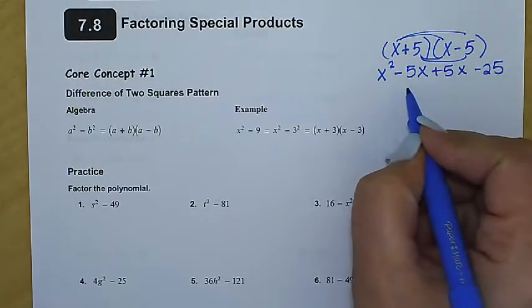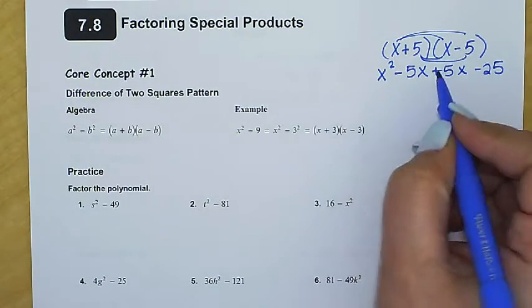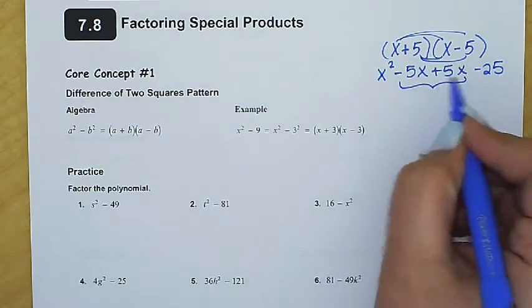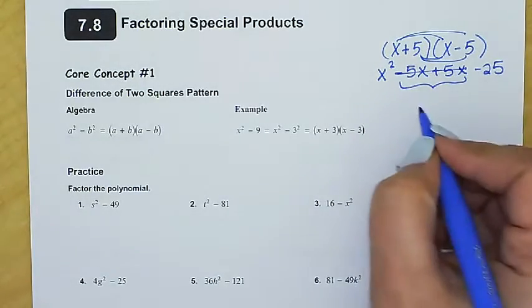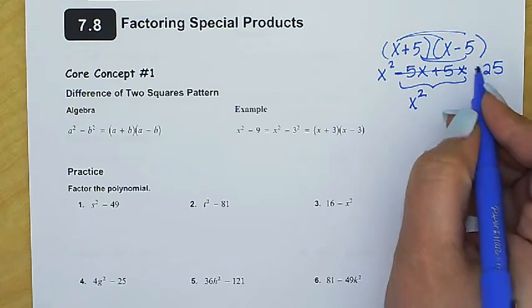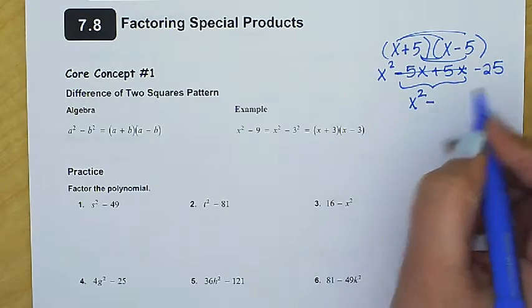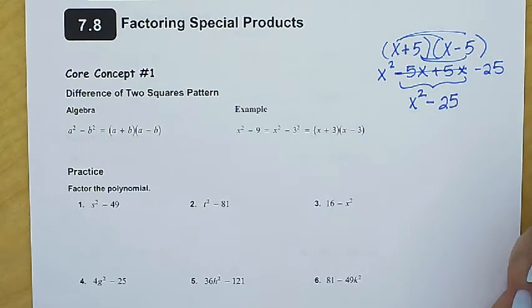And we started to realize these two middle terms were exact opposites. So when we went to combine these, they completely canceled each other out. And we were always left, as a result, with the square of the first term and then a negative perfect square of the second term.